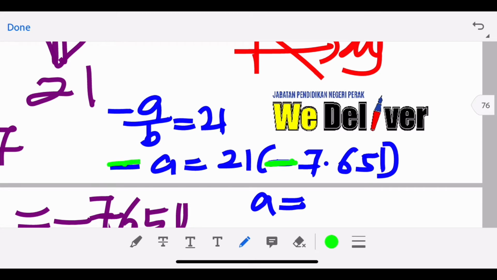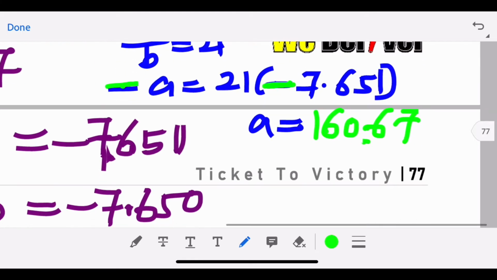So it's 21 times the answer, which is around 160.67. Right, so double check, 160.67. If you round off too early, it will affect the answer. 160.671, almost the answer, right?